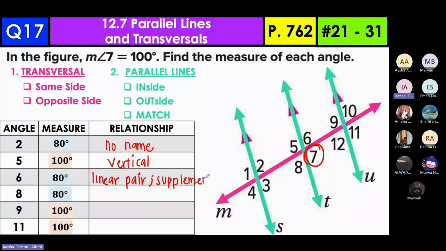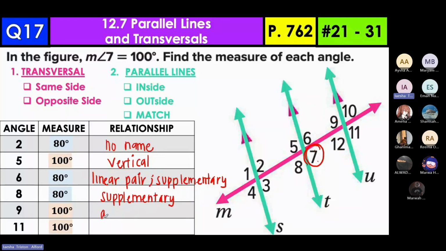What about 7 and 8? Supplementary. What about 7 and 9? Alternate interior. So 7 and 9, they're on opposite sides of the pink and they're inside the green.